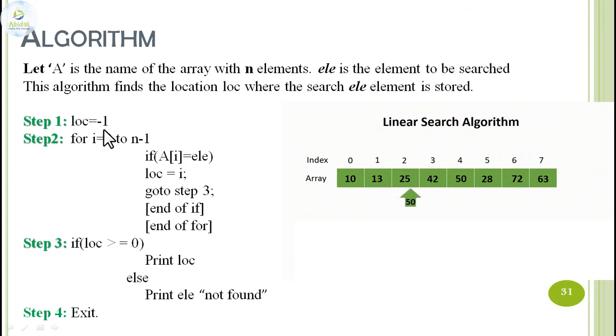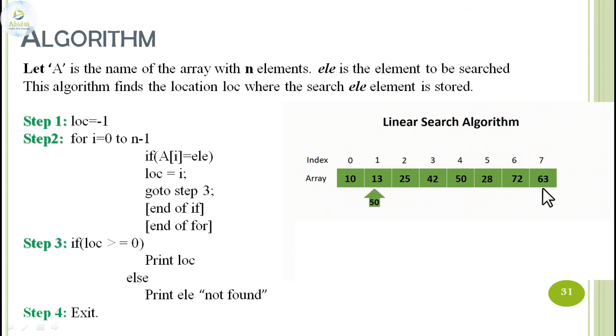So assuming that the search element is not present, the algorithm begins with index 0 and moves till n minus 1, that is, the total number of elements minus 1. What is the size of the array that you are seeing in the diagram?